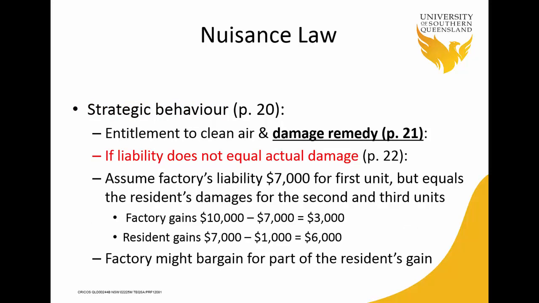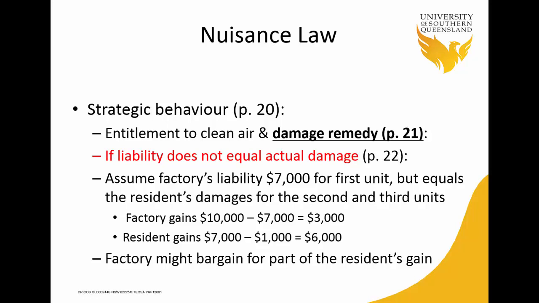So if liability does not equal actual damages, we could assume that the factory, because they produced this one single unit, is now going to be hit with a liability of $7,000 for this unit. So if the factory's liability is $7,000 for the first unit, but equals the resident's damages for the second and third units, if the factory produces this 1 unit, then they would get $10,000 in profits, but now they will have to pay this damage of $7,000 to the resident, so they end up with $3,000.